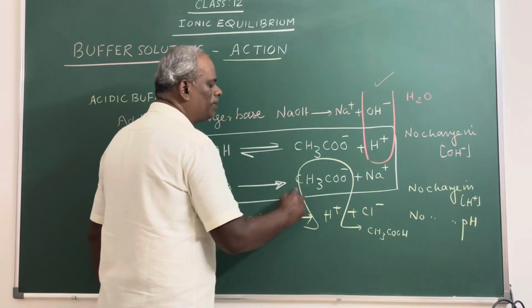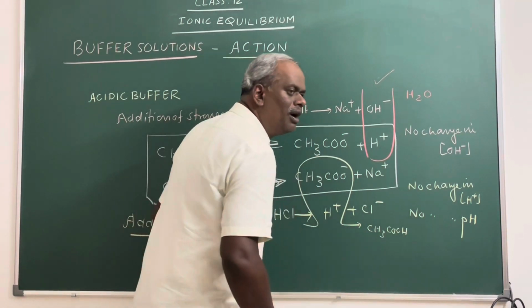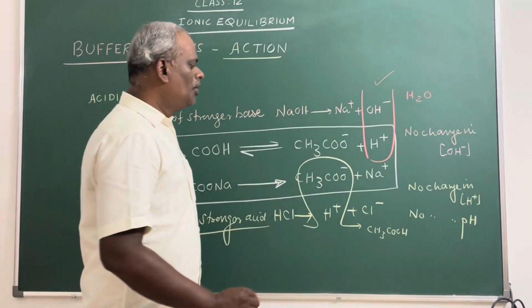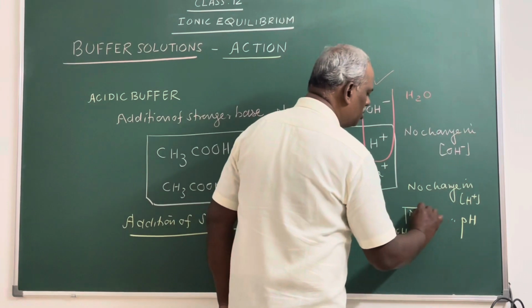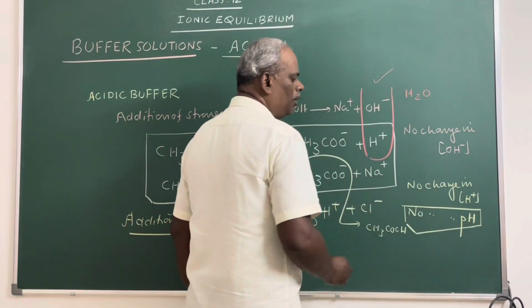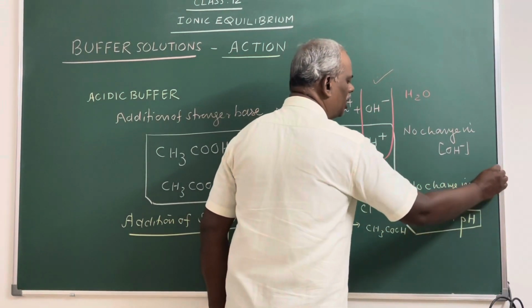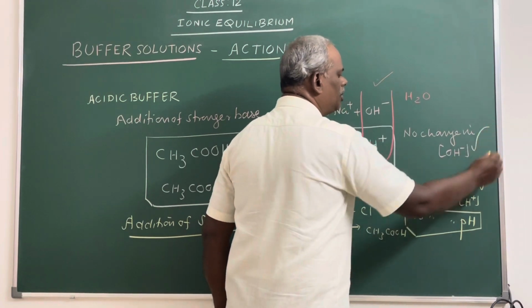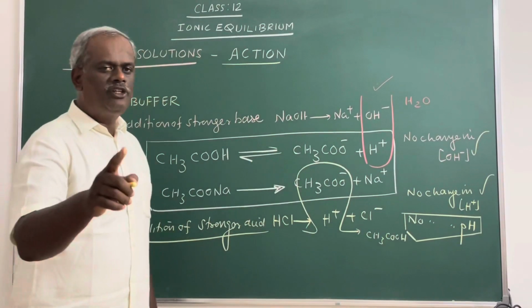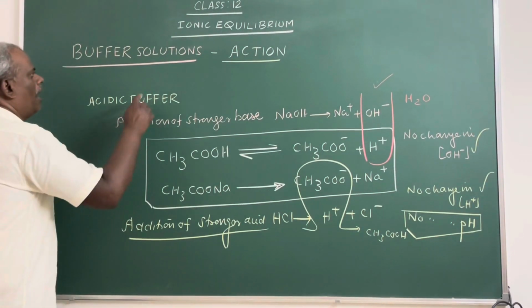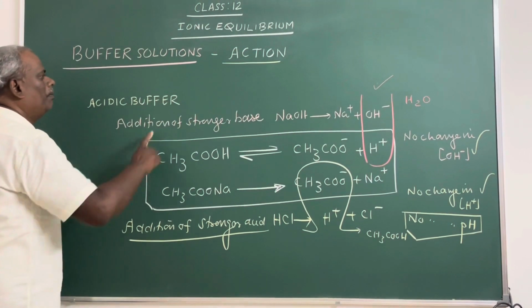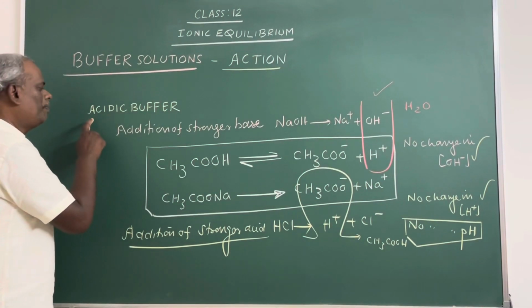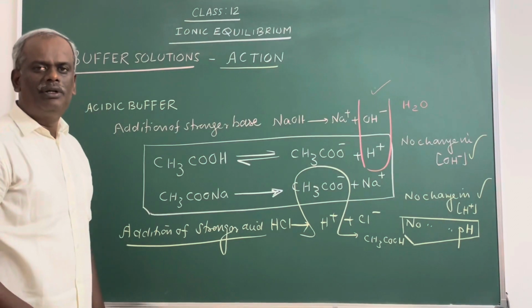The added H plus combines with acetate to form acetic acid. So the constancy of pH is maintained because of no change in H plus and no change in OH minus. This mechanism is called buffer mechanism, buffer action, which is applicable for acidic buffer.